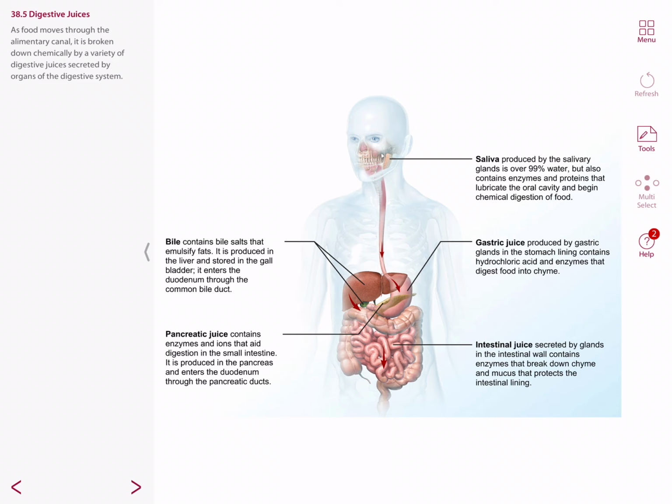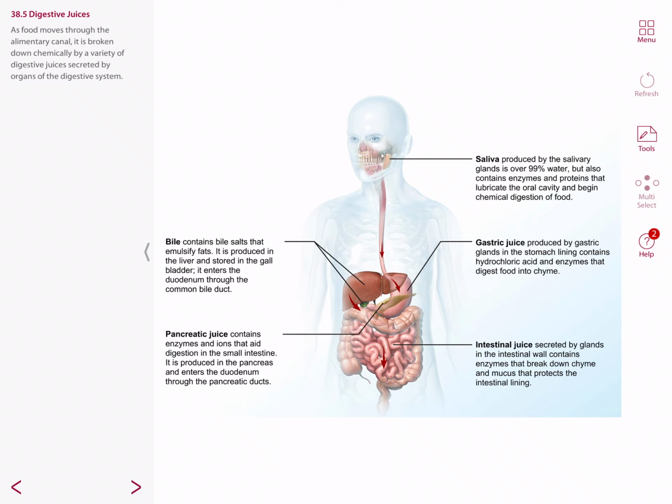So saliva is our very first contact. Then we hit into the stomach, where we've got hydrochloric acid and enzymes. We're trying to get this bolus of food, so when we chew things we turn into a bolus. The bolus heads down the esophagus. We hit the stomach. We're trying to turn that bolus into a thing we call chyme. That chyme then gets moved around inside of the stomach, where we head from there into the small intestine.